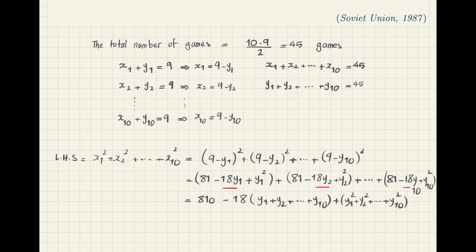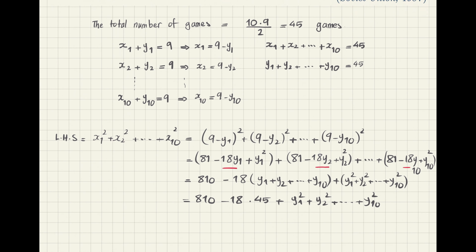But here we learn that this sum is exactly equal to the total number of games. So what happens, I would write 810 minus 18 multiplied by 45 plus y1 squared plus y2 squared plus up to y10 squared.